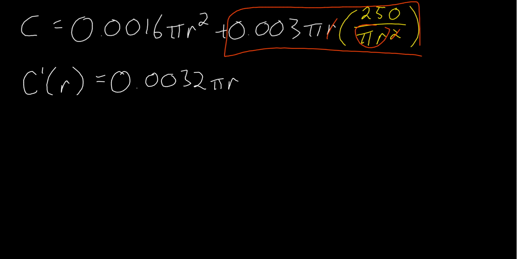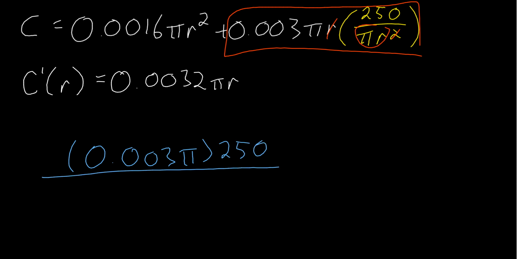We'll just do it this way. I'm gonna write it down here. It's gonna be a little ugly, and I'll erase it. We have 0.003 pi times 250 divided by, sorry. Oh no, even the pi's cancel. That's even better, that makes it even easier. This pi also cancels.